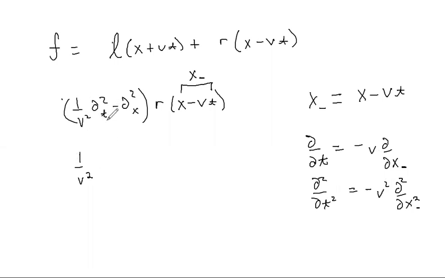When acting on a function of this combination, a time derivative may be replaced with v squared d x minus squared. That's the first derivative, minus, well, an x derivative is the same as an x minus partial derivative.